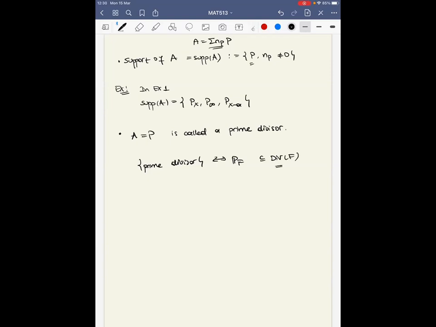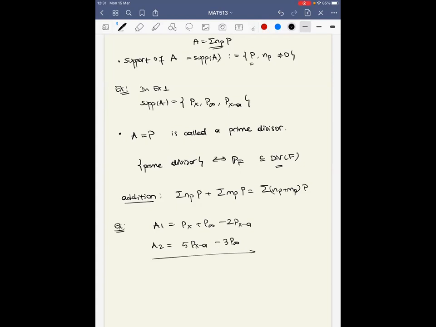So we say that this is a group with respect to a component-wise addition. For instance, in the rational function field again, if you consider two divisors A1 and A2, we perform the addition by checking their components with respect to each place that appears in their sum.